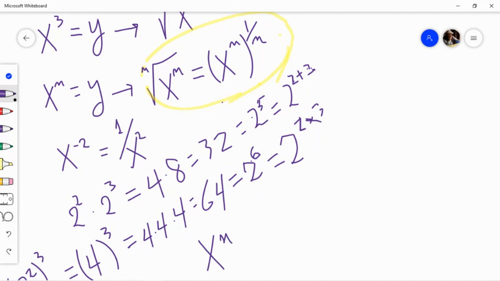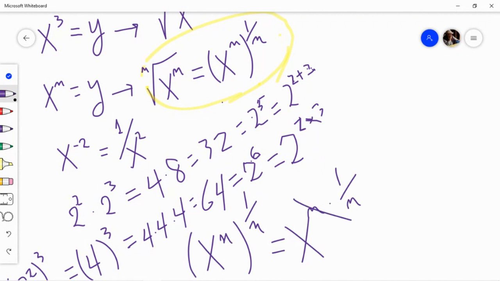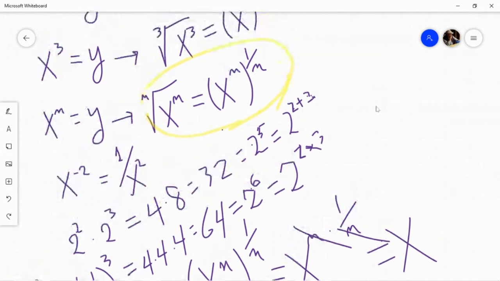X to the n raised to 1 over n is then x to the n times 1 over n. Now what's going to happen? They cancel out. This becomes x. In other words, that's how you can turn x to the n to simply x. Now this becomes, then think about it.